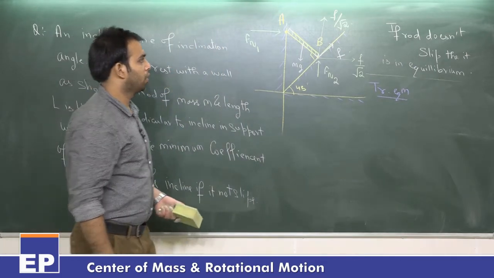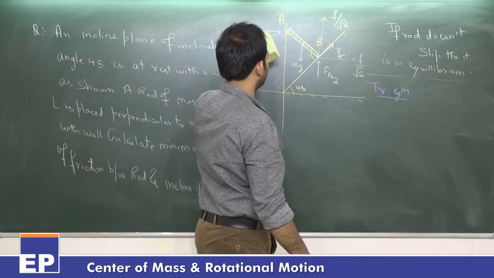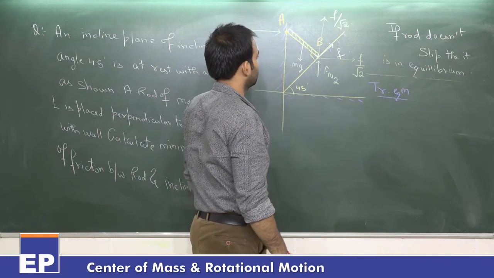Right? So if we see how many forces are in the horizontal direction, there is one for this, there is one for this.